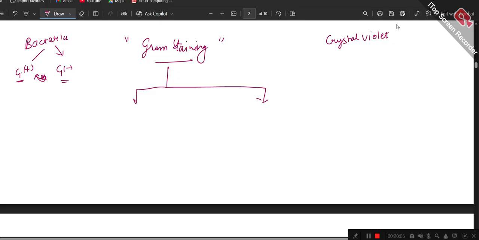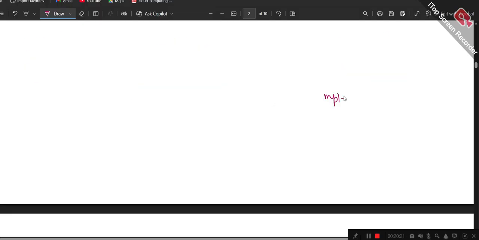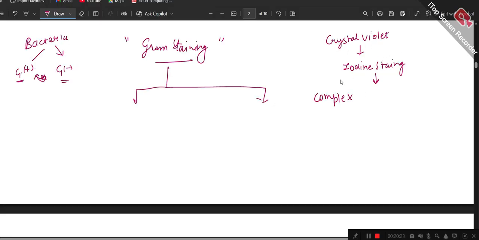Then we wash it with water, and we do iodine staining. Then there is a complex called the crystal violet iodine complex, CVI complex. And then there is a treatment with alcohol.